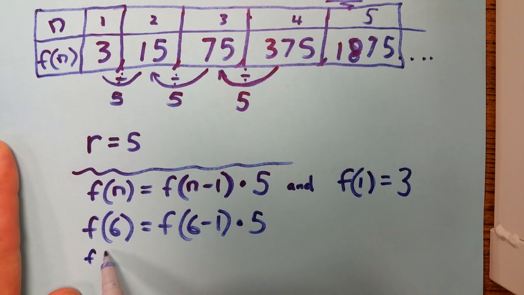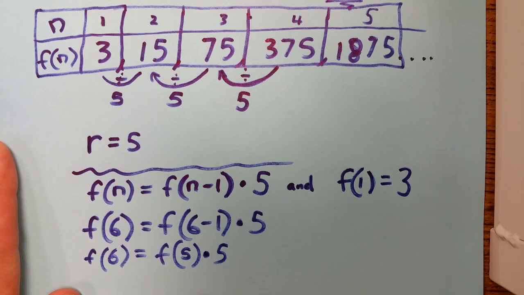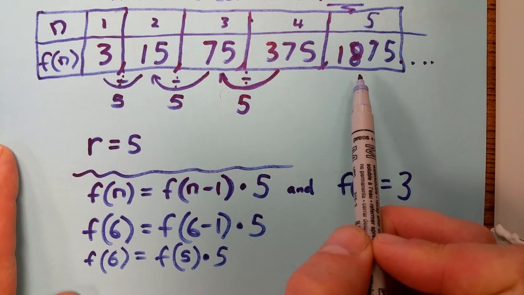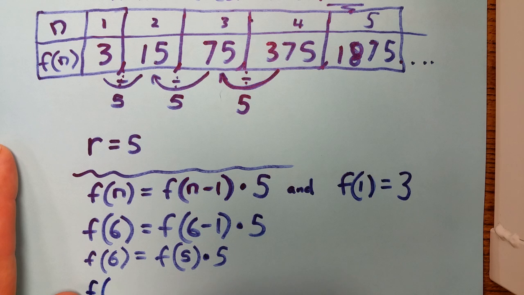That means f of 6 equals f of 5, the value of the one right before it, times 5. Now to proceed, I need to know f of 5, and I can look it up here. There it is, 1,875. So f of 6 is equal to 1,875 times 5.